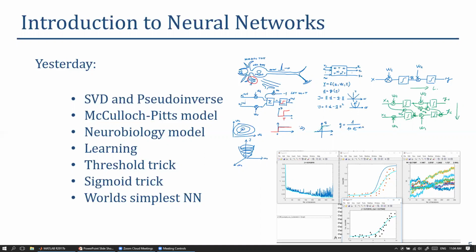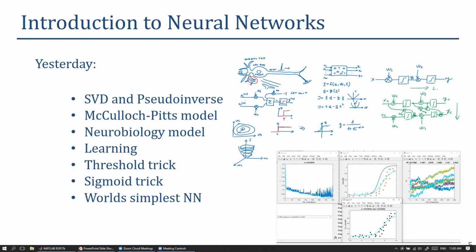First we did the least squares. Then yesterday we looked at the singular value decomposition and the pseudo inverse, and we looked quickly at the example of how the pseudo inverse improves the stability of calculation.